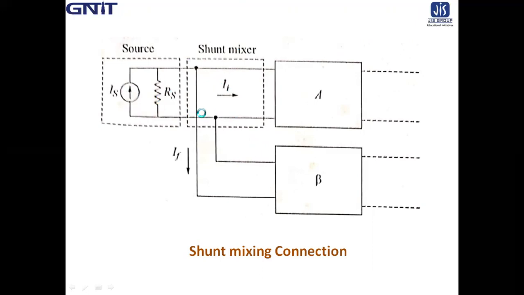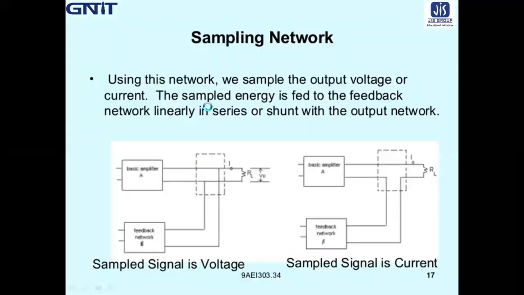Okay. Now, sampling. Two types of sampling network connections are present. One is called voltage sampling and the other is called current sampling. First one is the voltage sampling and second one is the current sampling.